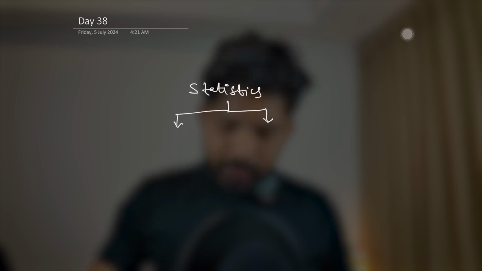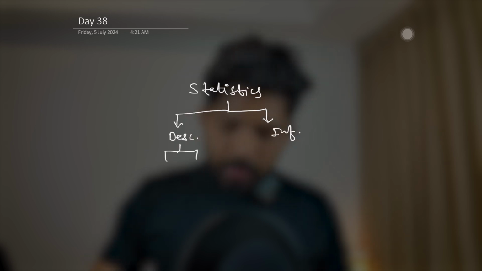So previously we have covered the whole core Python. After that we covered the Python libraries, and now we have started the statistics. In that also we have covered the basic statistics, right? Then in that we covered the types of statistics, that is descriptive and inferential, correct?